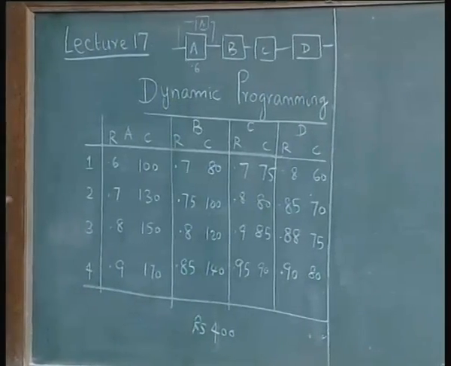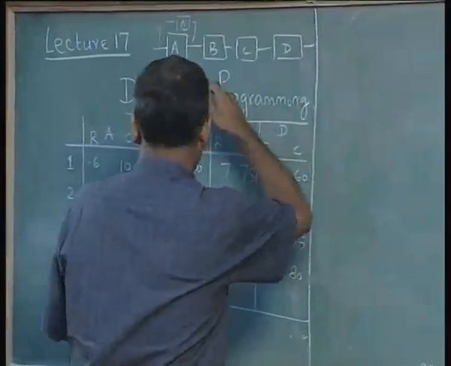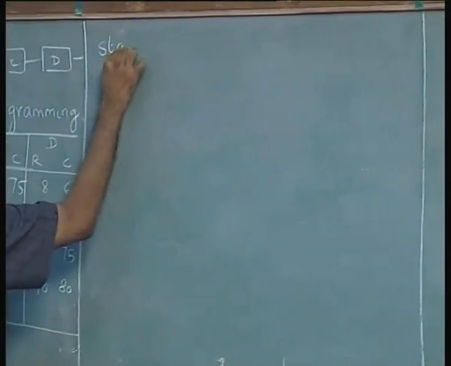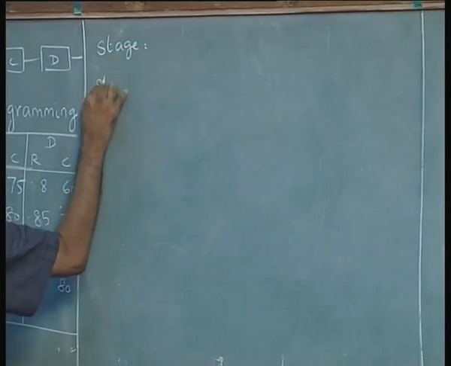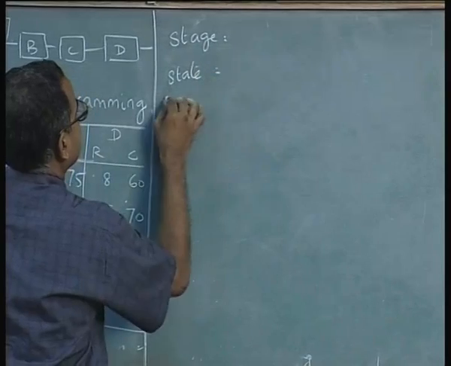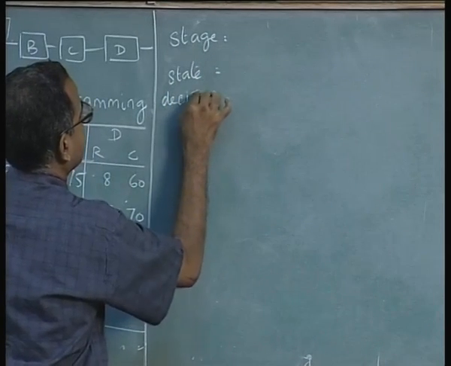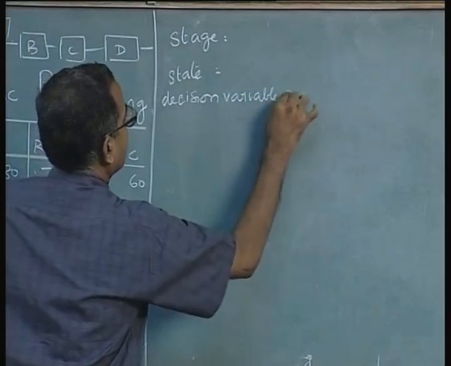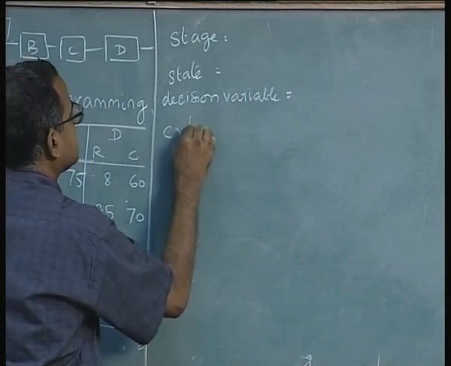So as we start, we realize that we first have to define the 4 important terms: stage, state, decision variable, and criterion of effectiveness.